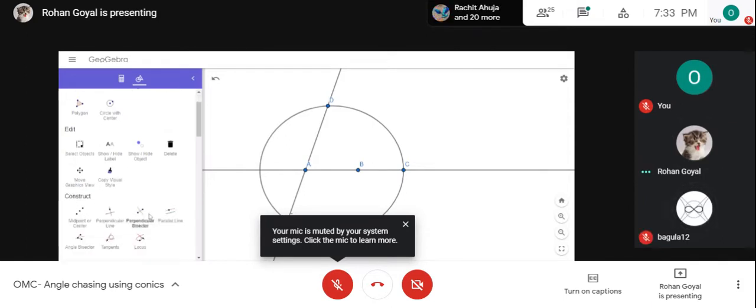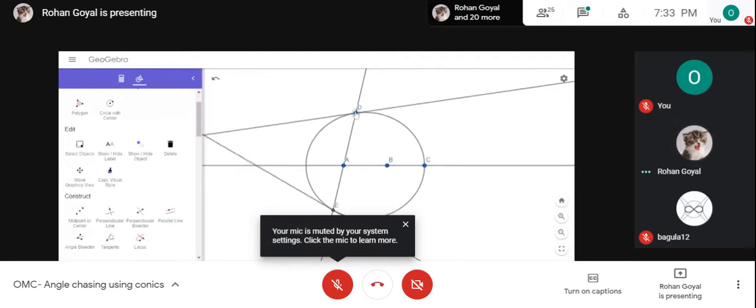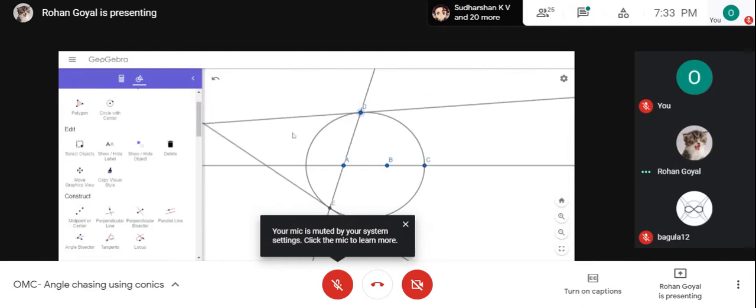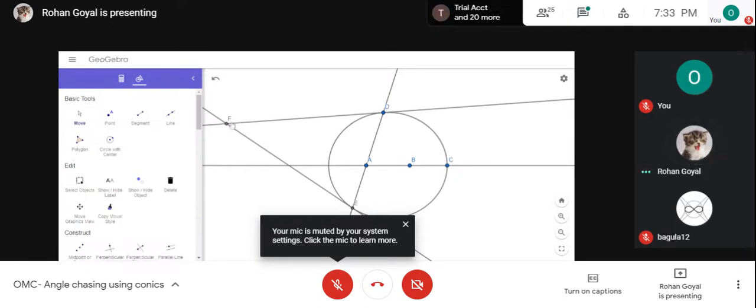Now, if I take the tangents from E and D, let's make this a bit smaller. Yeah, F. Now, DFE.